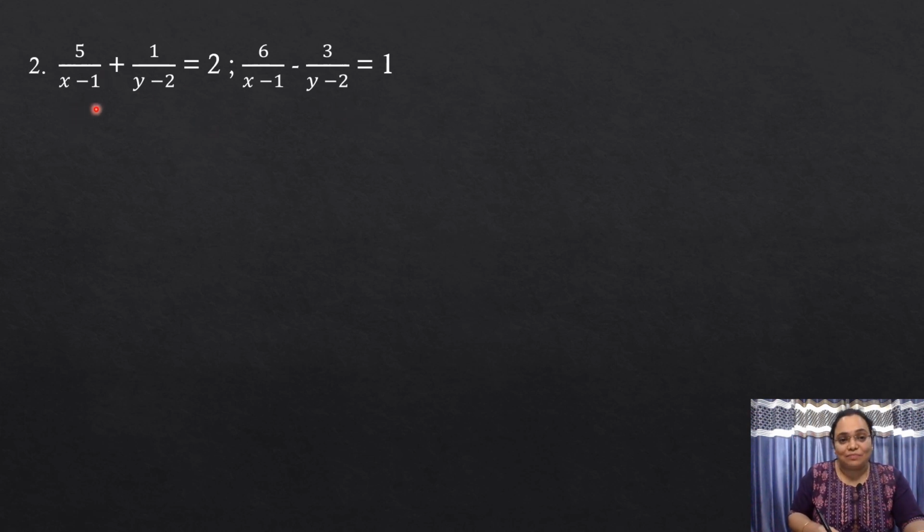This is the next example we will be solving. 5 by x minus 1 plus 1 by y minus 2 is equals to 2. 6 by x minus 1 minus 3 by y minus 2 is equals to 1.